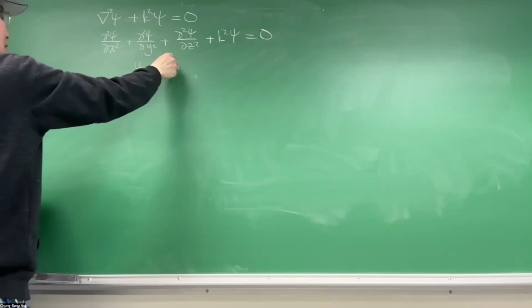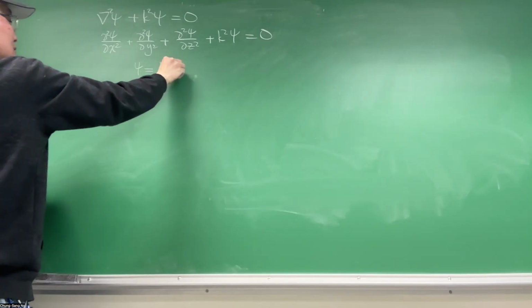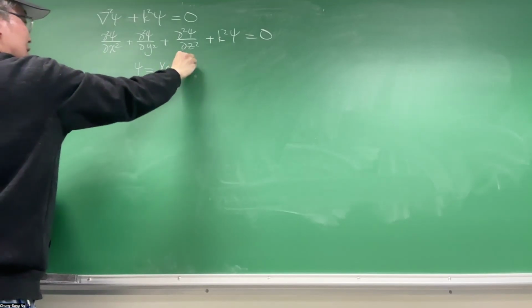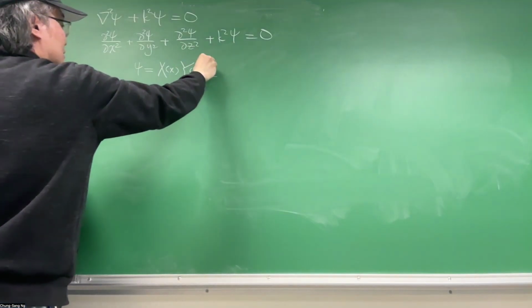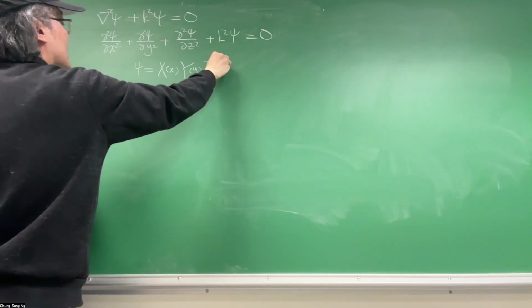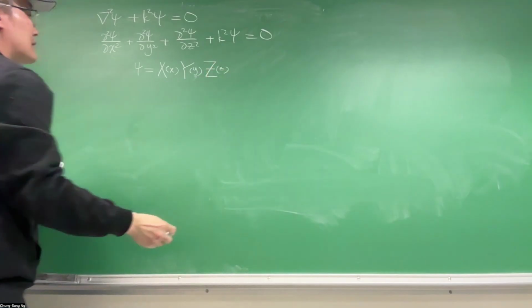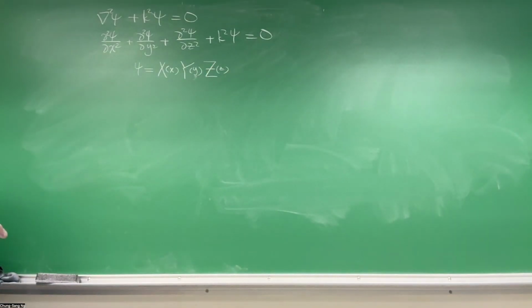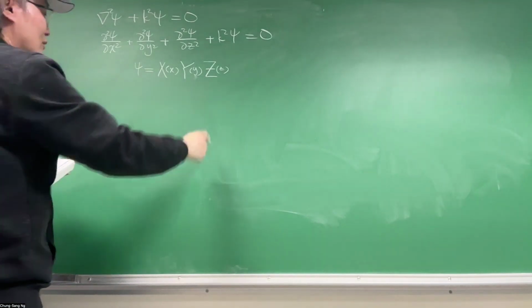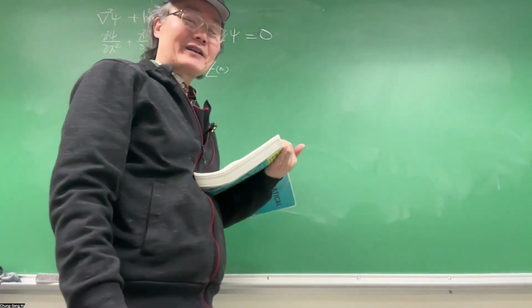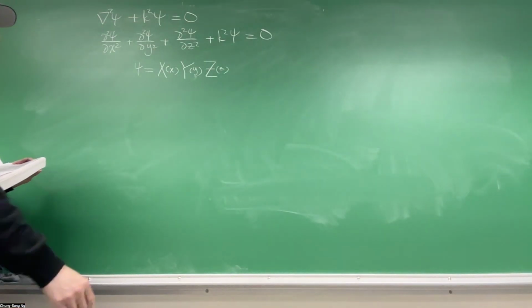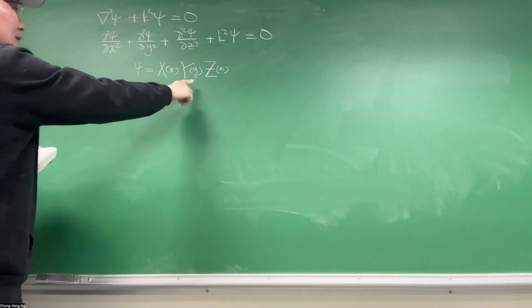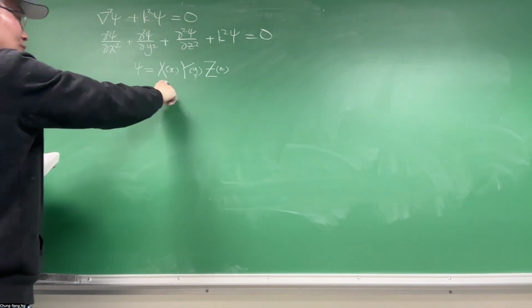The first factor depends on x, we call it capital X. The function capital Y depends on y, and capital Z depends on z. Obviously not all solutions will be factorized like that, but because this is a linear equation, later on we just combine different separable solutions.